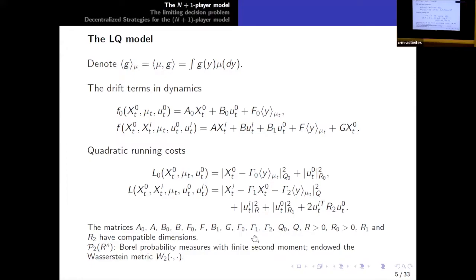Here for the control penalty, we have this special structure: the minor player's own control, the major player's control, and also importantly the cross term for the controls.